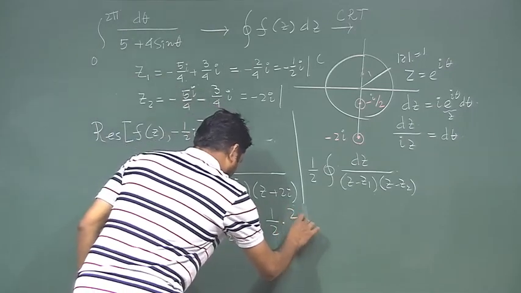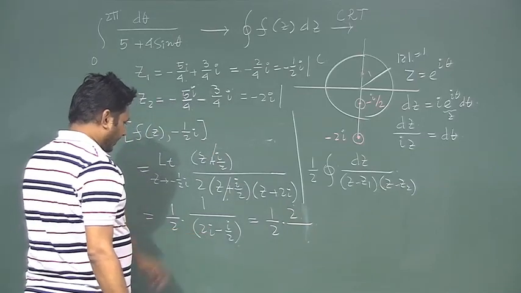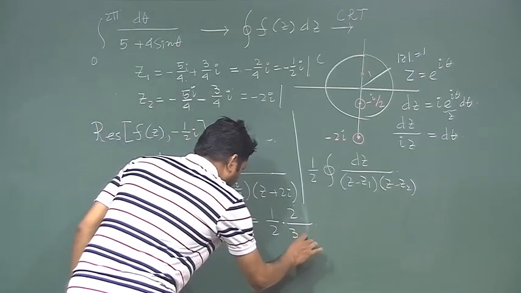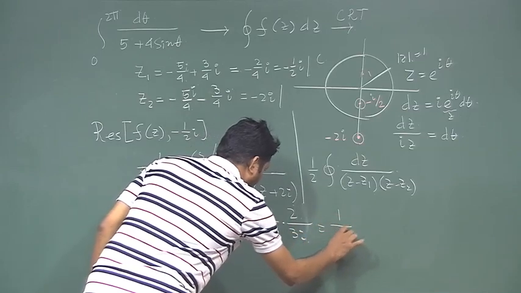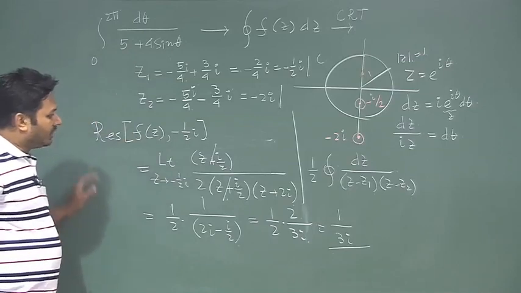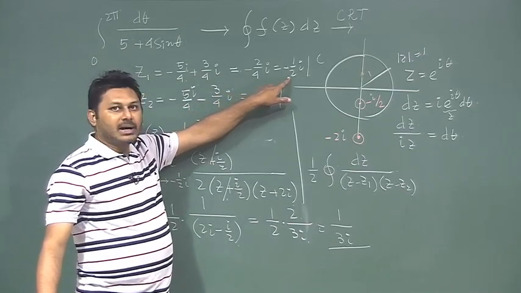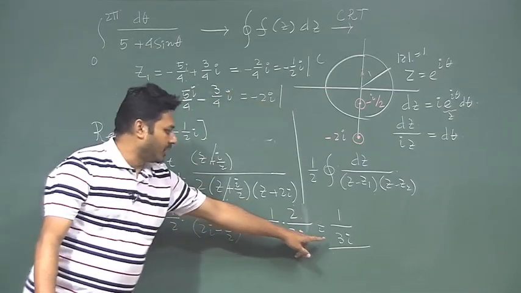So, 2 divided by 2 will go upstairs, so it is 4, so it will be just 3 I. So, it is 1 divided by 3 I. At the end of the day, I find the residue at the point minus half I is 1 by 3 I.